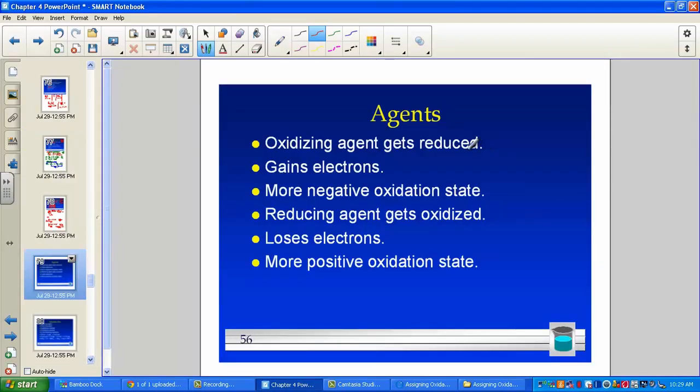The term agents, and I'm just processing this a little bit more. Oxidizing agent gets reduced. It gains electrons, giving a more negative oxidation state. By gaining electrons, you're being reduced. Reducing agent gets oxidized. You lose electrons and become more positive.